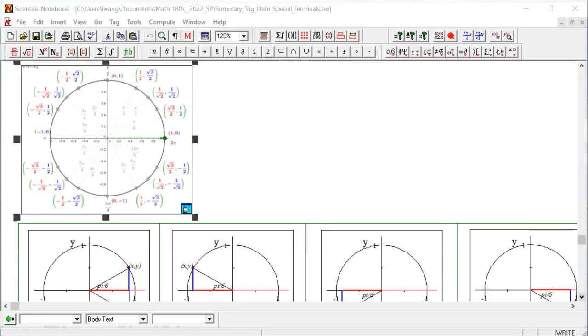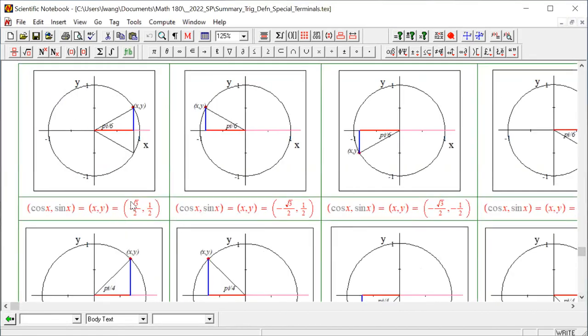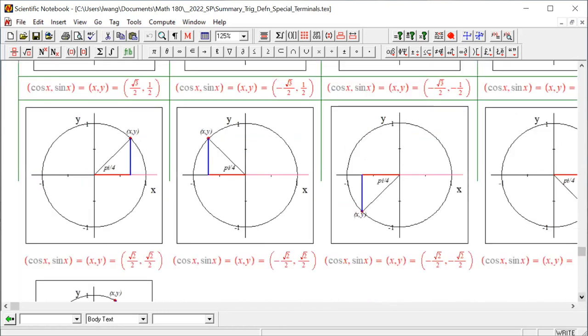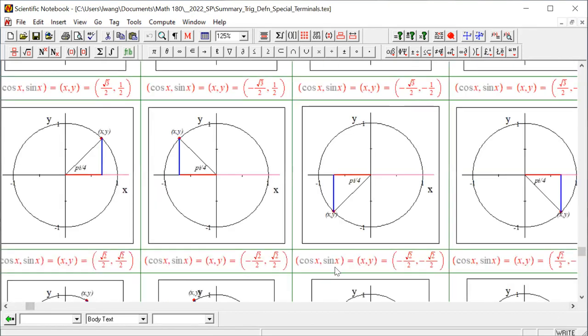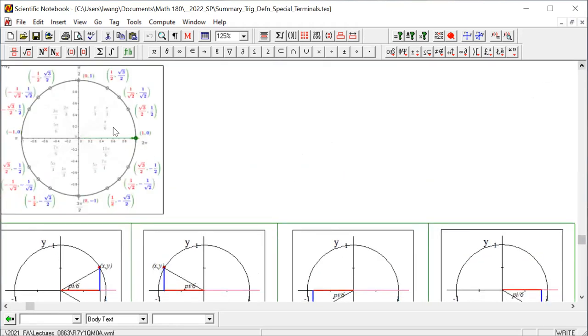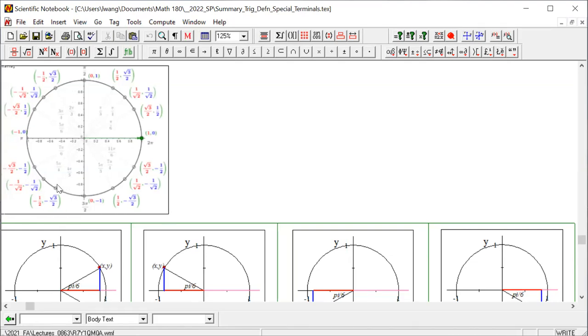So let's look at pi over 4, okay? For pi over 4, 45 degrees, it's in the second case, right here. First quadrant, second quadrant, third quadrant, and fourth quadrant. Okay, we have these 4 cases. So all of these coordinates, you can find them on this picture.